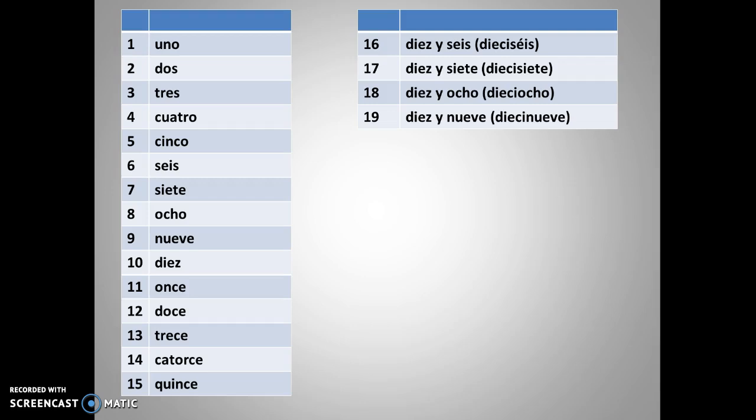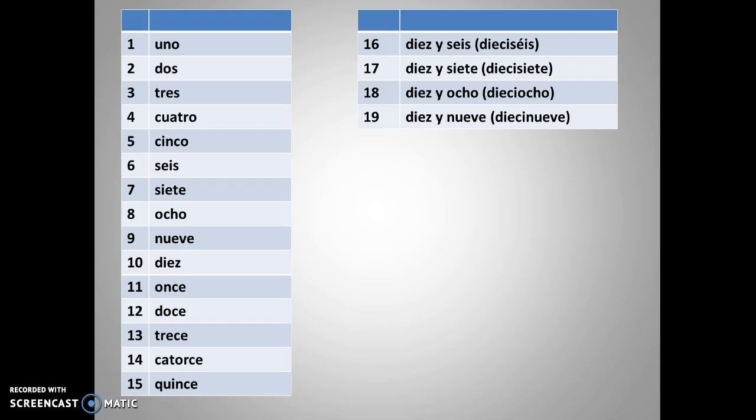Now, these are unique because you can literally say 10 and 6, or you can say 16. You have two options. Both sound the same, diez y seis or dieciséis. The only difference is, notice the Z in diez becomes a C, and the Y, as in and, becomes an I, and then there's an accent over the E in seis as one word.